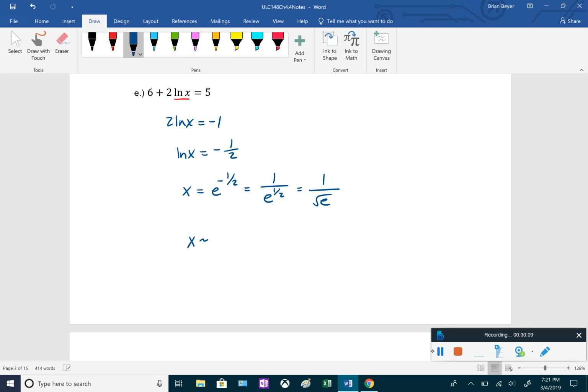None of those are better than the others, but they all mean the exact same thing. So I'm going to plug this in the calculator, and we get about 0.61.